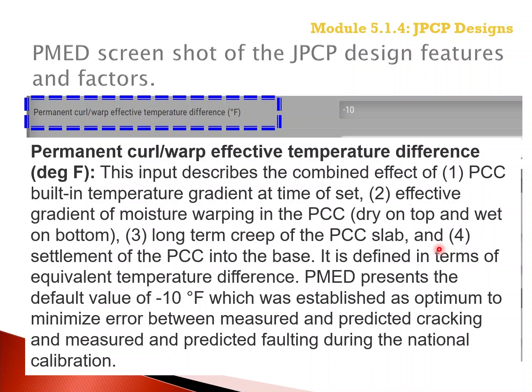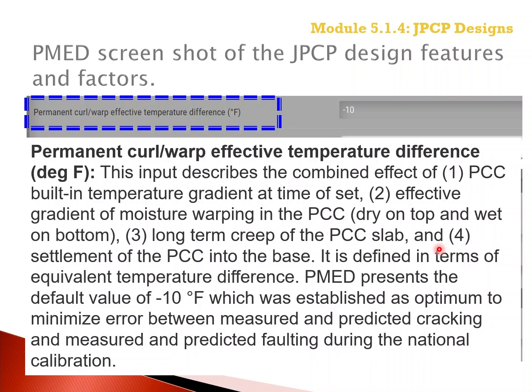It is defined in terms of the equivalent temperature difference. The software includes a default value of minus 10 degrees Fahrenheit, which was established as the optimum to minimize the error between the measured and predicted cracking and measured and predicted faulting during the global calibration.